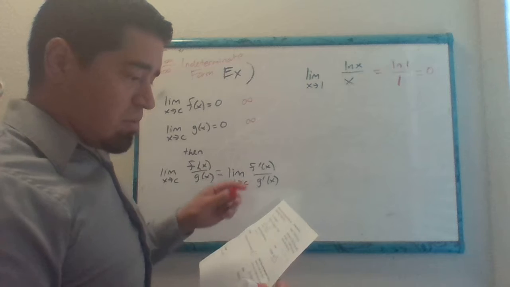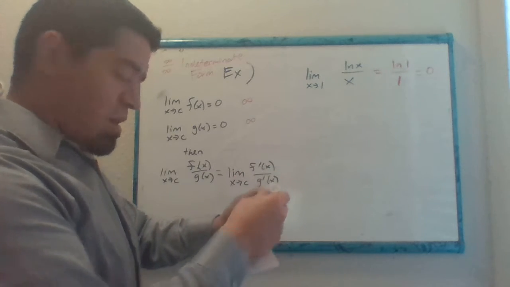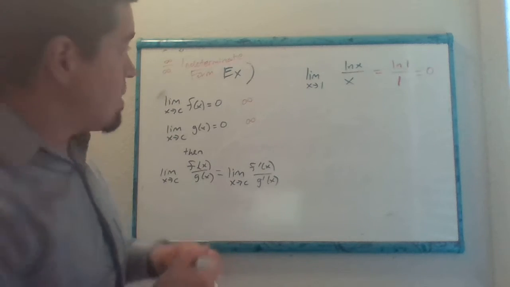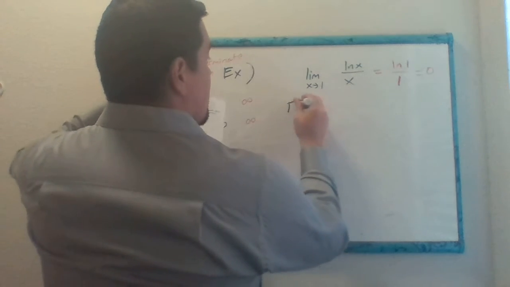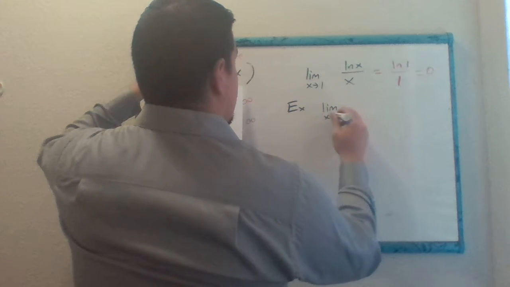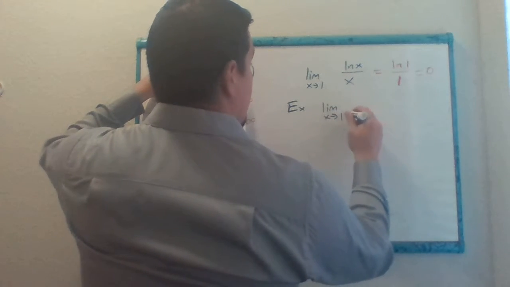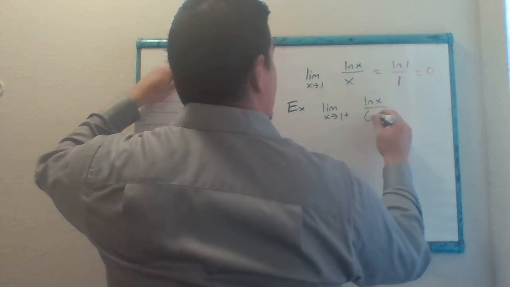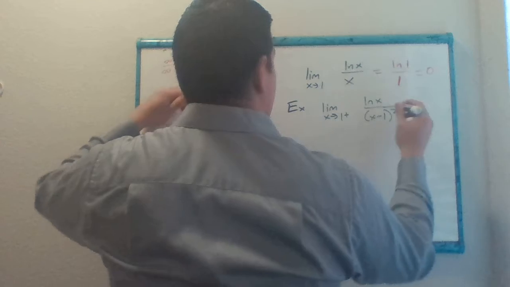So let's move on to the next one that I wanted to do, which is a real application of L'Hopital's rule. The limit as x approaches 1 from the positive side of ln x over x minus 1 squared.